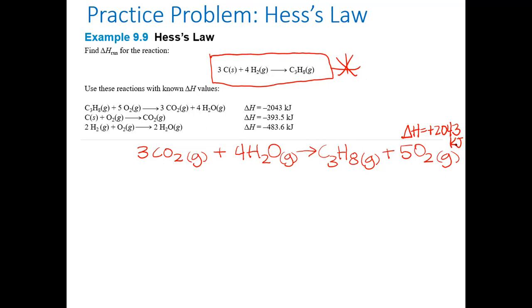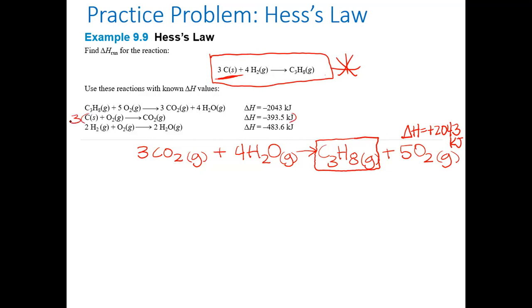So that is the only thing in this reaction that I need for this top reaction. Let's look at the next reaction. I have carbon as a reactant. Nothing else in that equation matters to me. In that reaction, I have 1 mole of carbon. Up here, I want 3 moles. So I'm going to take that equation as it's written, but multiply through by 3.